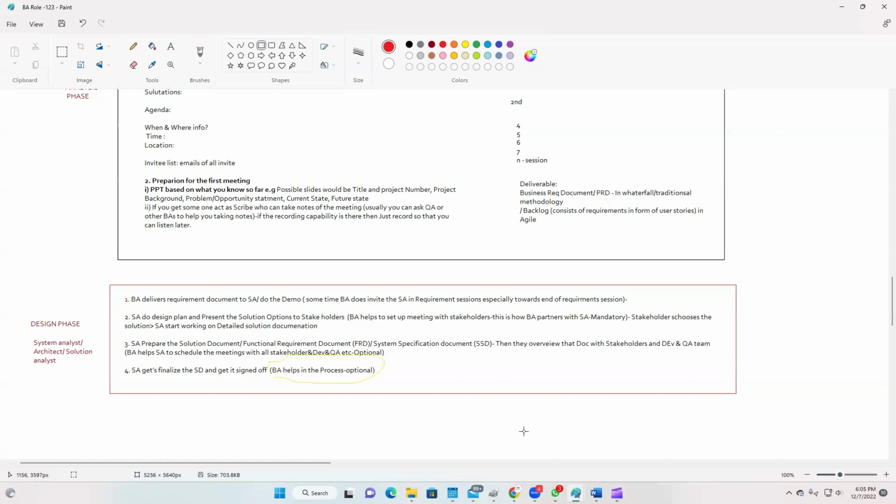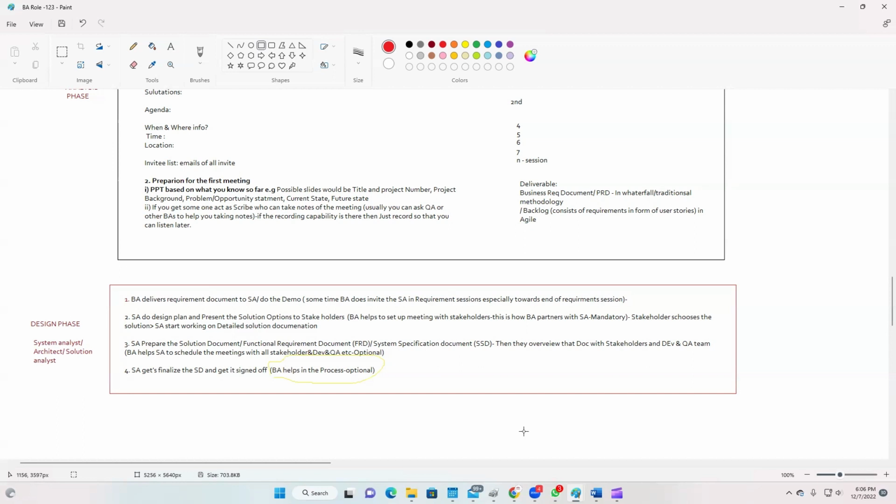Okay. The BA delivers the requirement document to the SA, and then they do the demo. Then you said sometimes the BA does invite the SA to requirement gathering sessions.